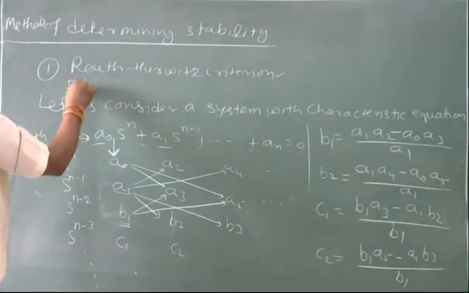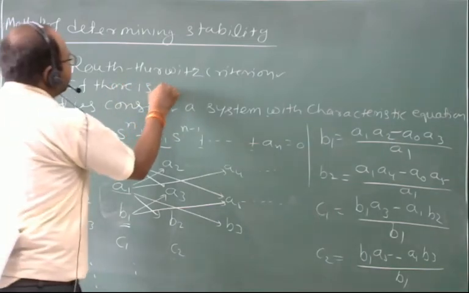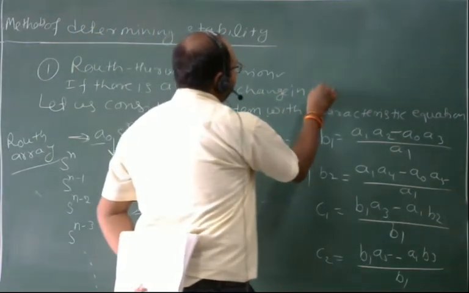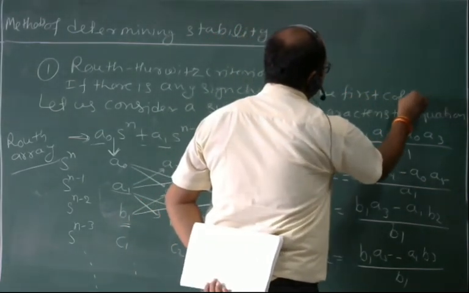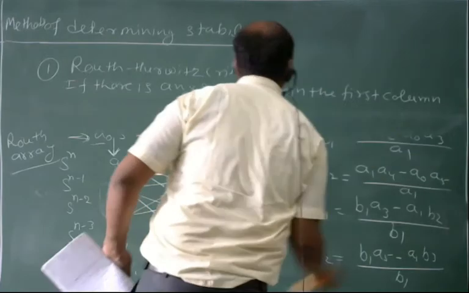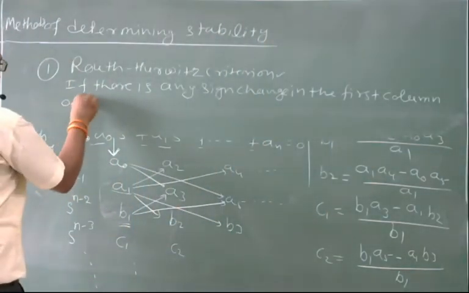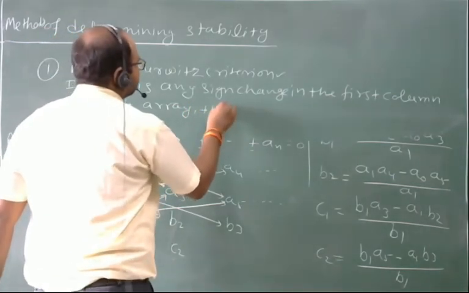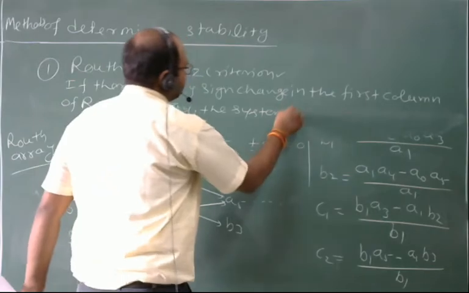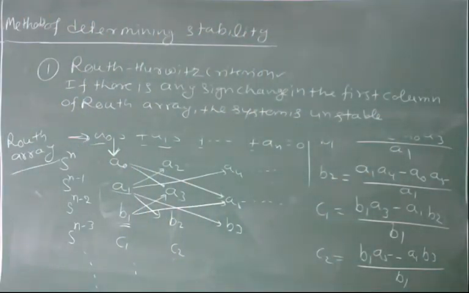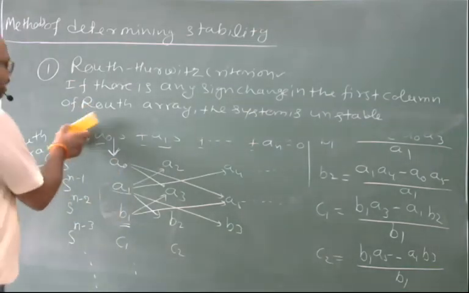If there is any sign change in the first column of Routh array, the system is unstable.